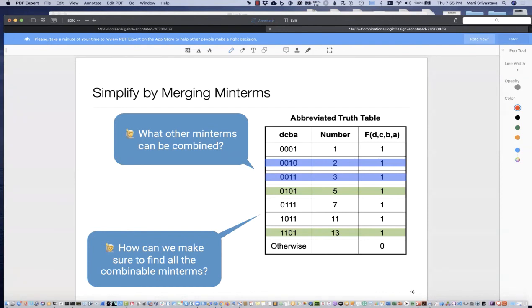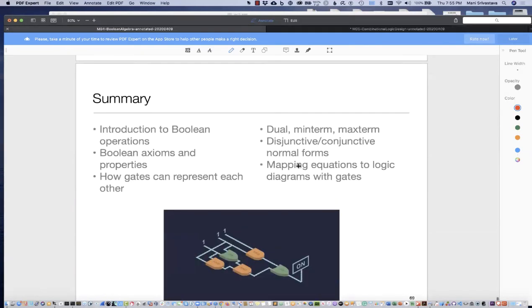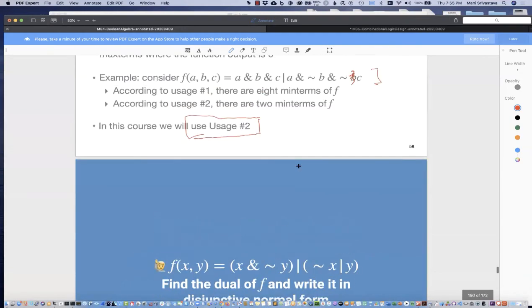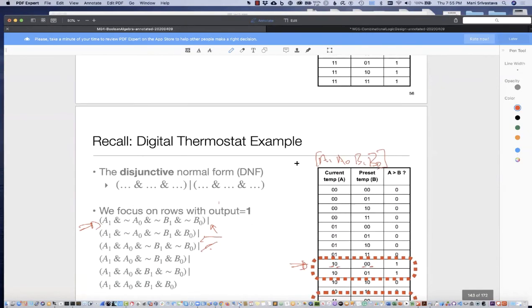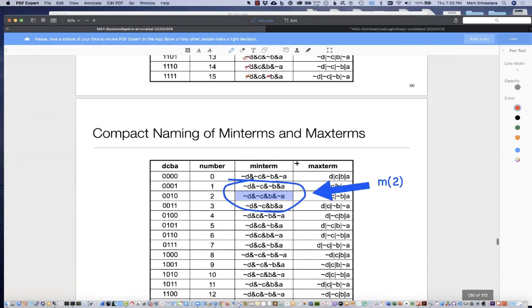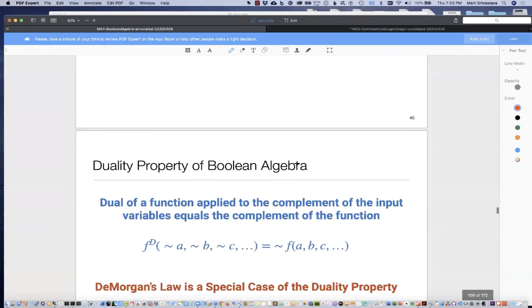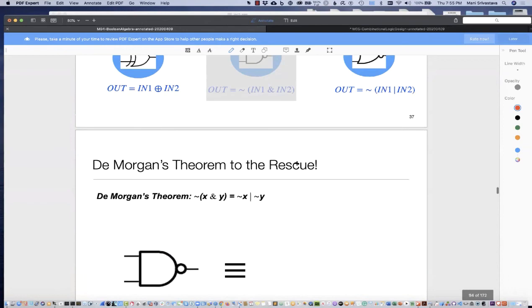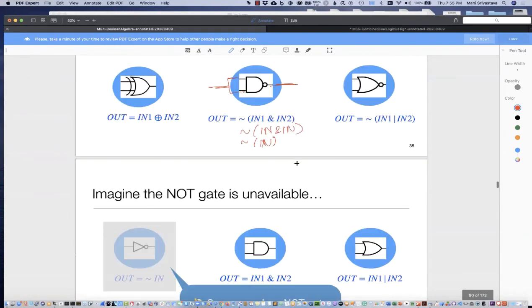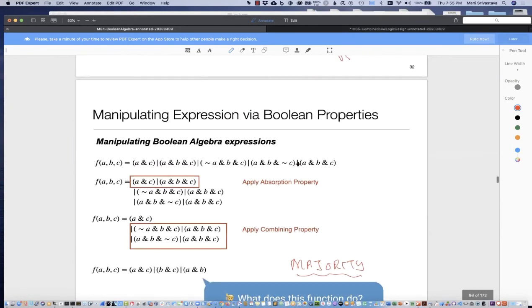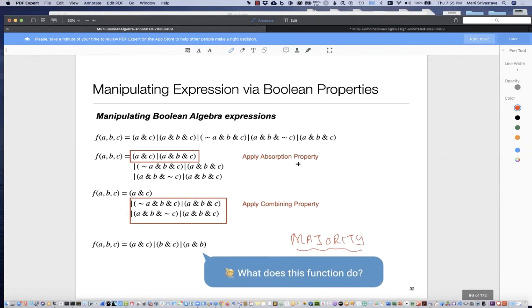Could you go to the last module on slide 32? Yeah, slide 32. I don't know if I'm doing this right, but the first function has 6 terms.